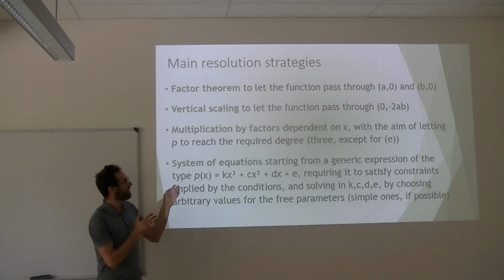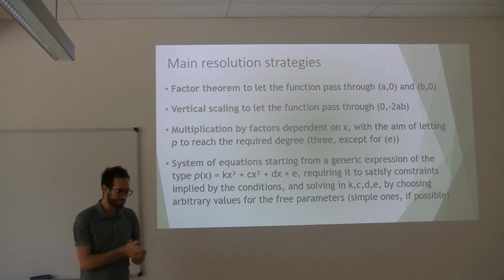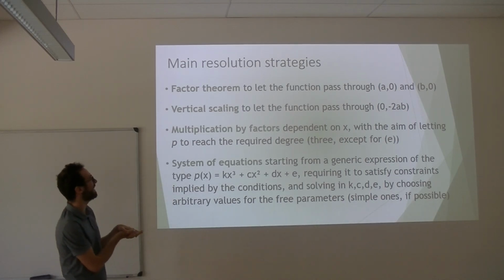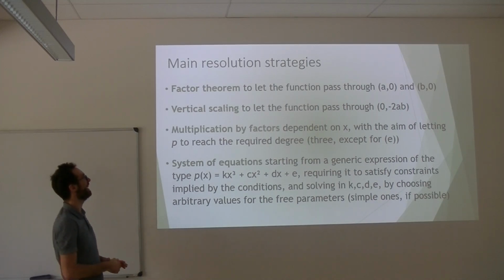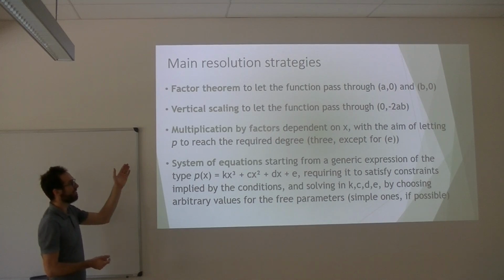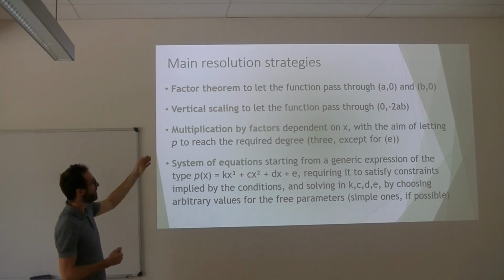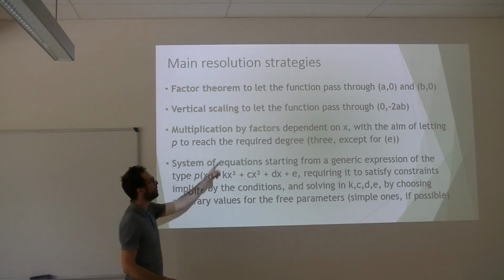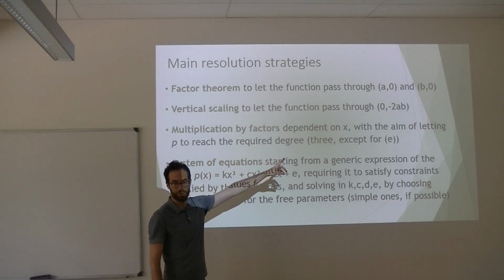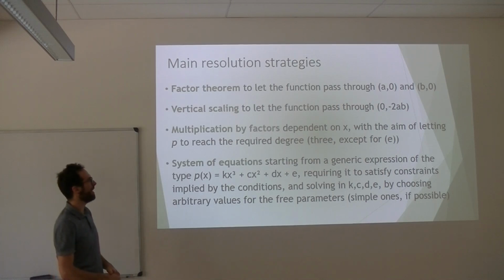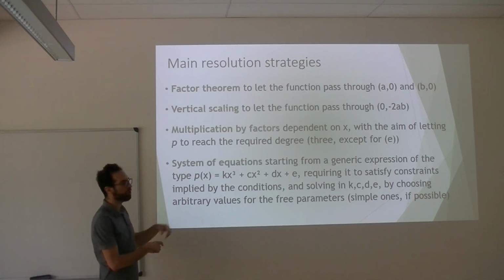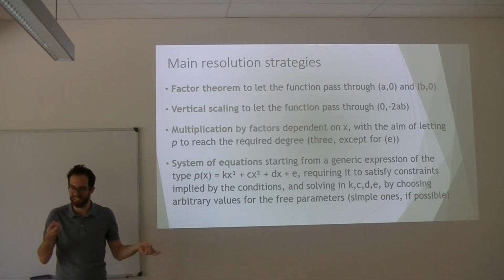I already mentioned the theorems behind it, so these were the main strategies that we found out, then I have more details about the data we collected. Of course, the factor theorem. Also the vertical scaling for property number 4, in order to make the function pass through 0, -2ab. The multiplication by a factor, of course, in order to reach the degree 3.